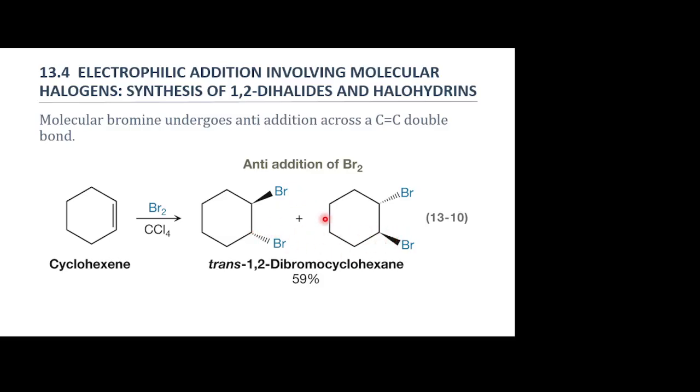Okay. If there's a difference because of the geometry, like one being one direction, the other being the other direction, if that creates an asymmetric system, we're actually going to get both forms, because which direction we start with is 50-50. We can end up attacking from either side 50% of the time.